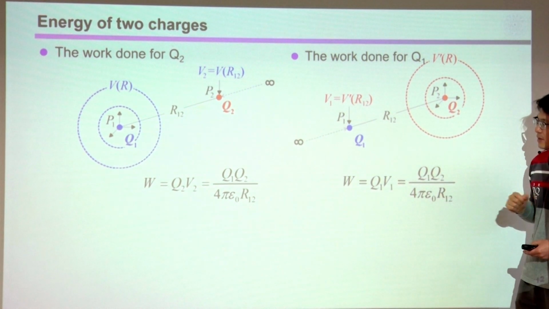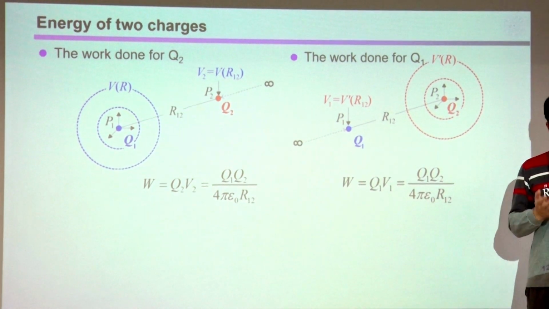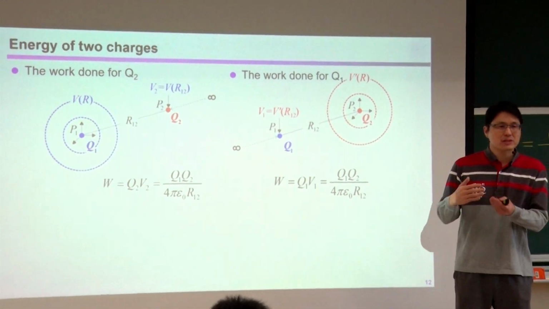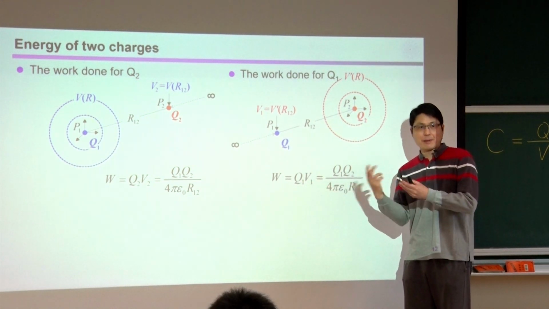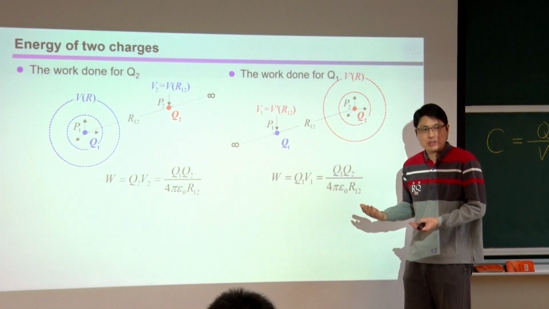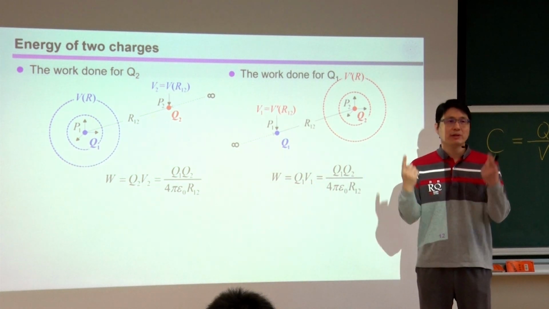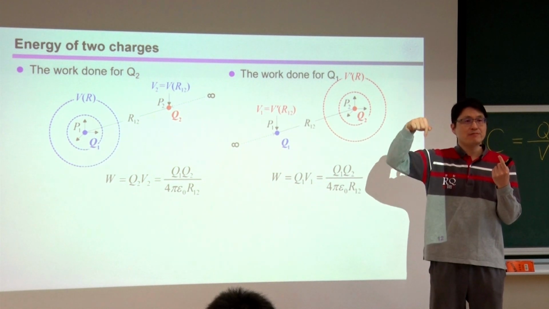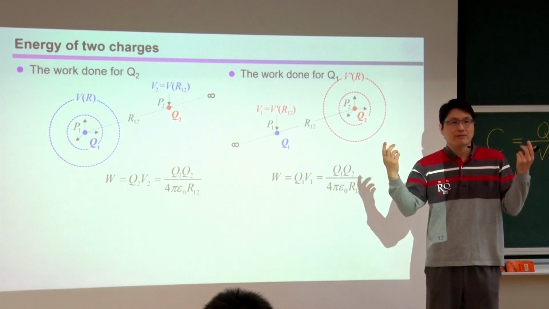Okay? Now you compare the two. They are actually identical in quantity. It's just the nomenclature. The underscore, the numbering is different. But essentially they are the same, and they must be the same because you only have two particles, right? No matter which comes in first, essentially you only have two particles.